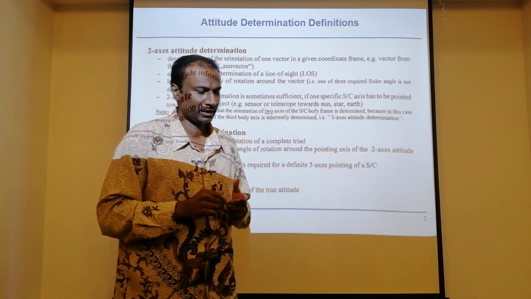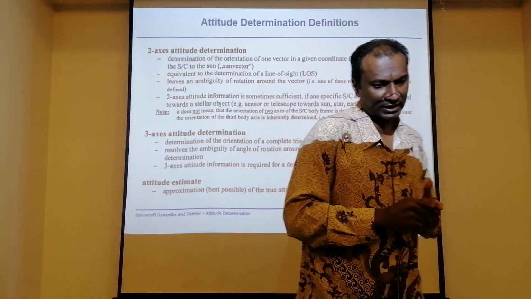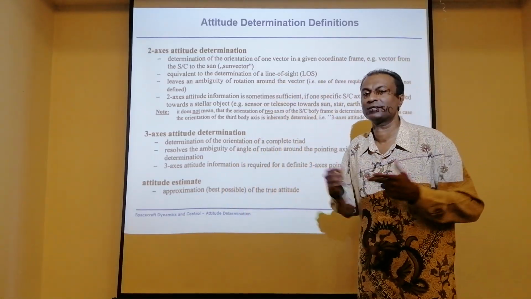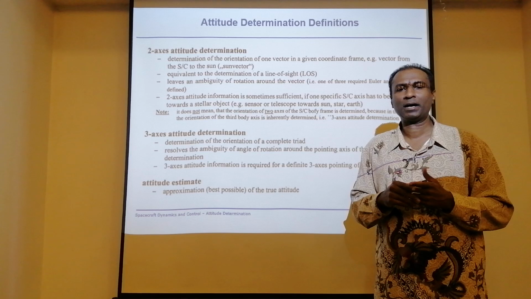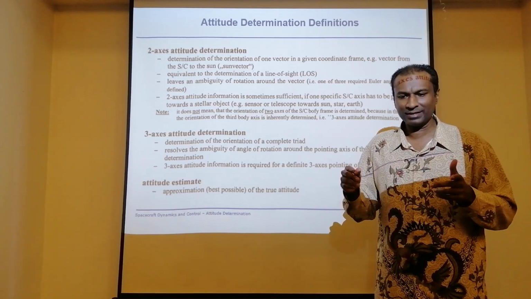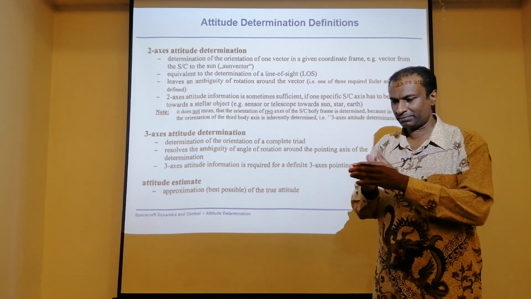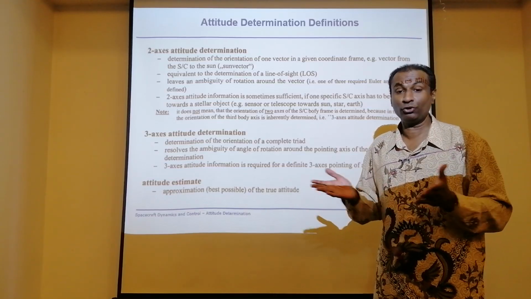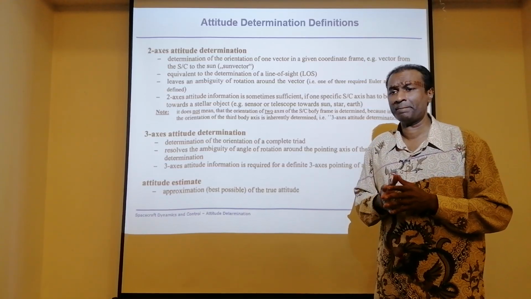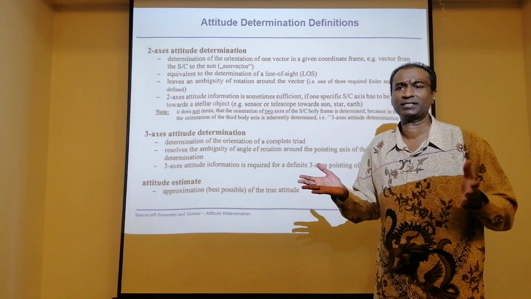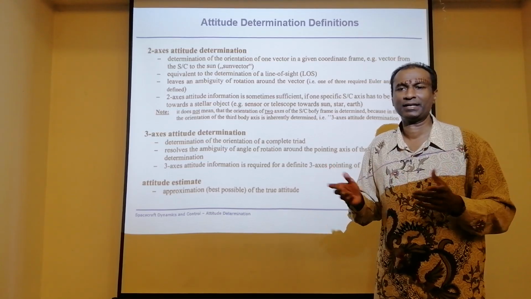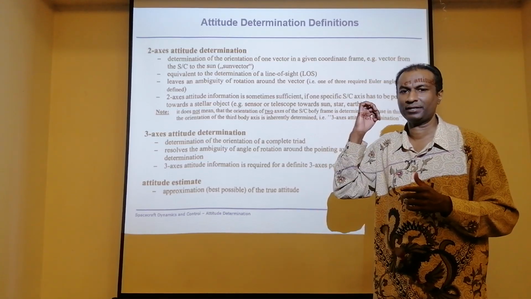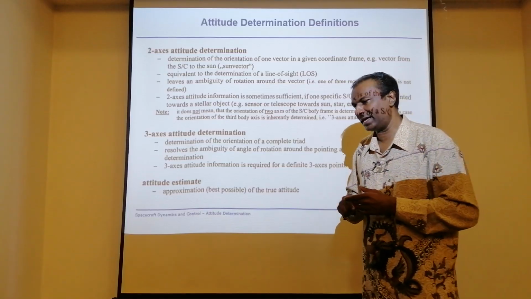So assume that I have a sensor, for example a sun sensor, and I embark it along the z-axis, and the z-axis is facing planet Earth, yaw. Now, if I embark the sun sensor at negative z, that means it is already looking at the sun.